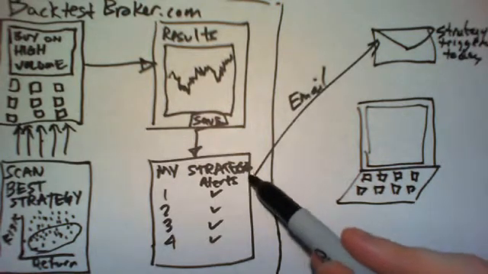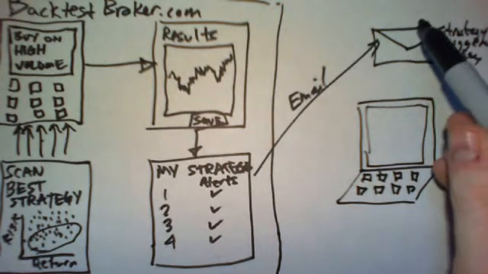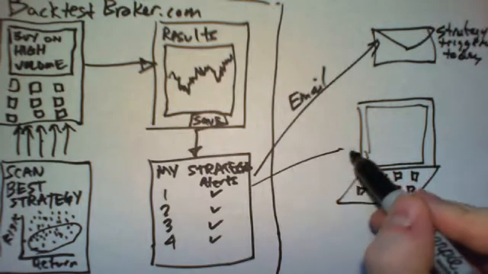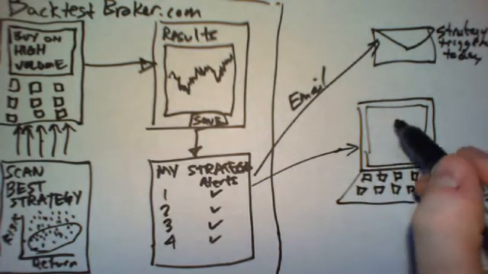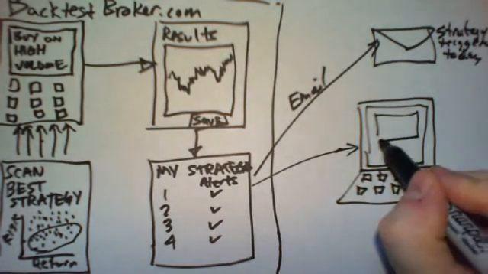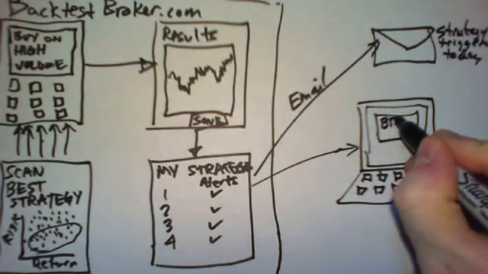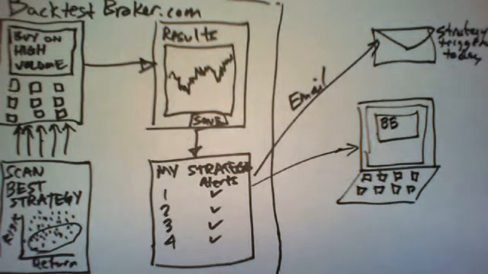Instead of the site sending you an email to say, hey, your strategy is active, we can have a program running on your computer monitoring every tick in the stock market and say, okay, right now your strategy is active.